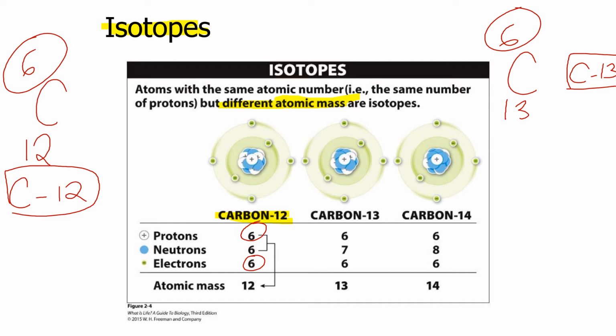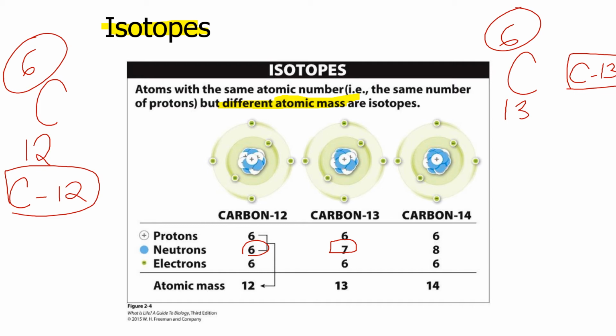Carbon 12 has an atomic mass of 12, and carbon 13 has an atomic mass of 13. So what's different about them is the number of neutrons. The number of neutrons for carbon 12 is 6, but for carbon 13 it is 7, because 13 minus 6 gives you 7.